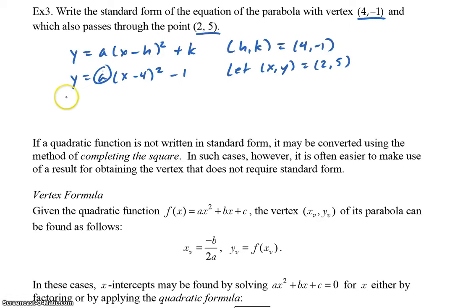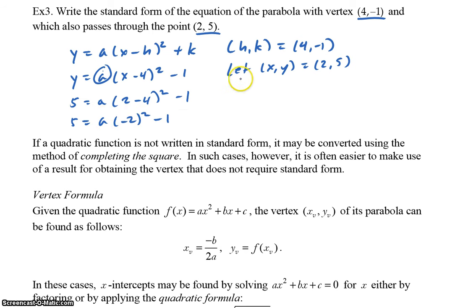So with that in mind, let's replace y with 5, x with 2, and solve the equation for a. This would give us 5 equals a(2 - 4)^2 - 1.